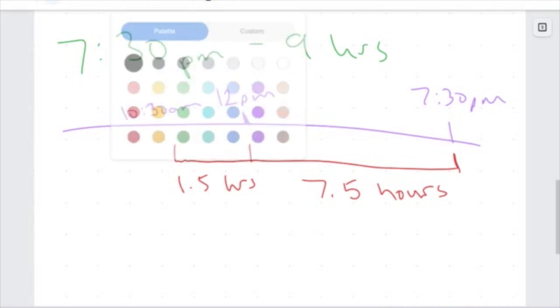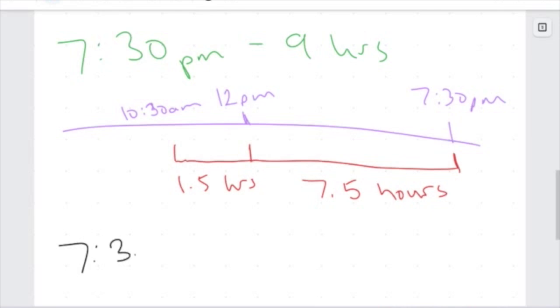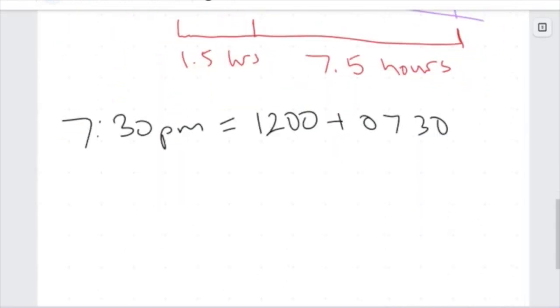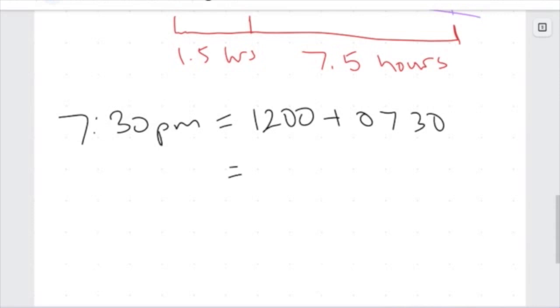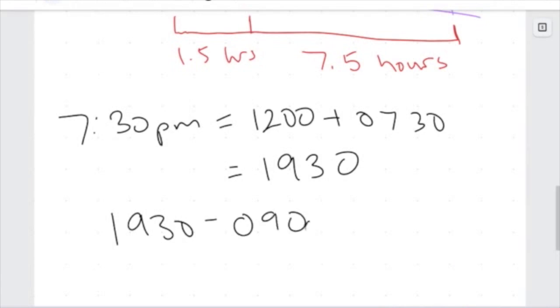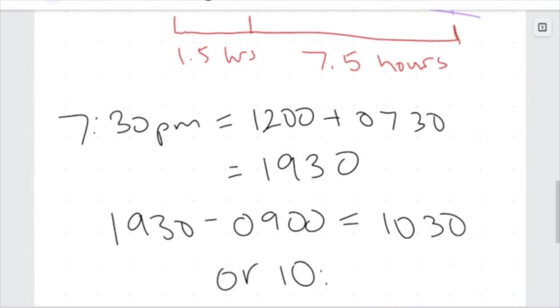So 7:30 p.m. equals midday plus 7:30, and I would have gotten 19:30, and then I could have just done 19:30 minus 9 hours, and that would have given me 10:30, or 10:30 a.m. in regular time.